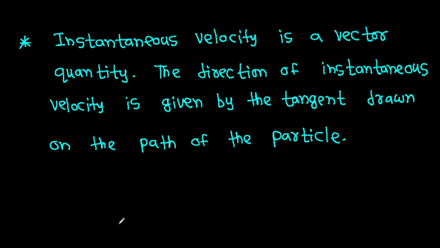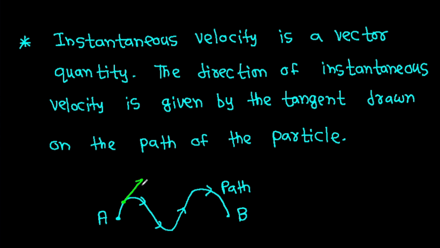For example, from point A to point B, a particle is moving on this path. It is path, and at this point, if we make a tangent, then it is the direction of instantaneous velocity.